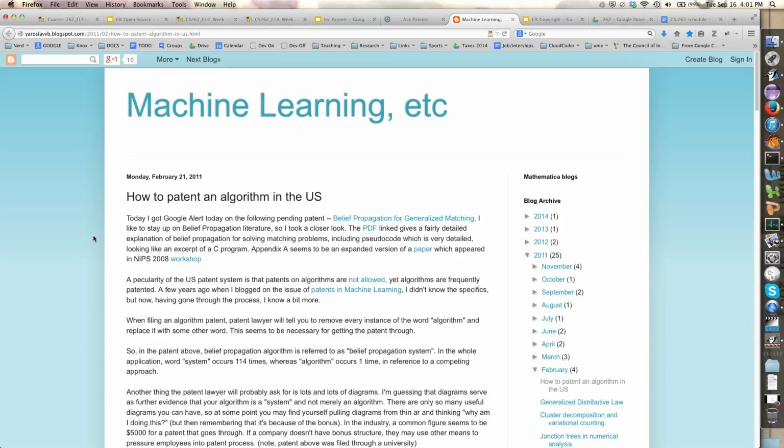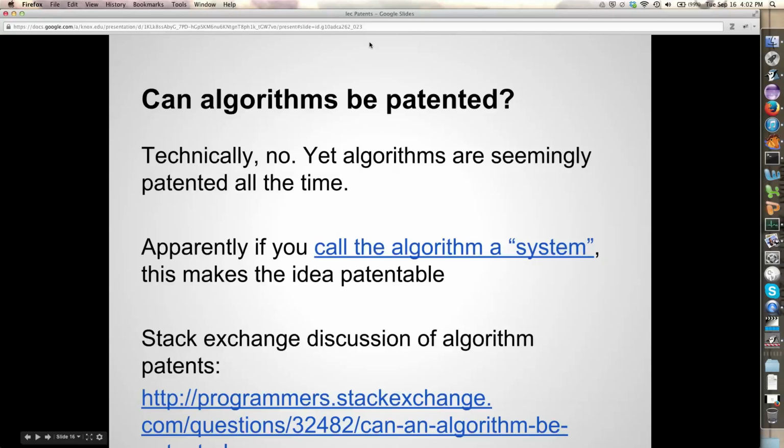I'm not trying to claim that I've done an extensive study of software patents or anything, but it's a really interesting approach. Essentially what he's saying is anywhere that you would have seen the word algorithm, if you replace it with system or process, if you just do a find and replace, now it doesn't look like you're trying to patent the algorithm, and you have enough pictures, and so apparently you can get away with this.